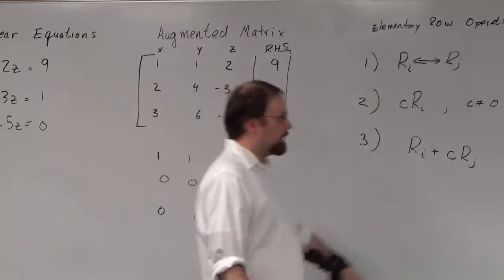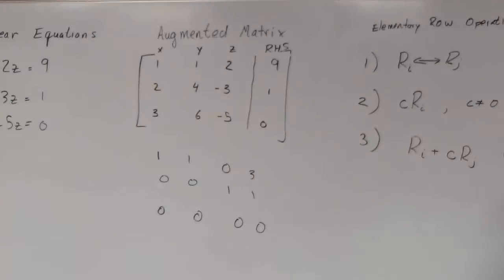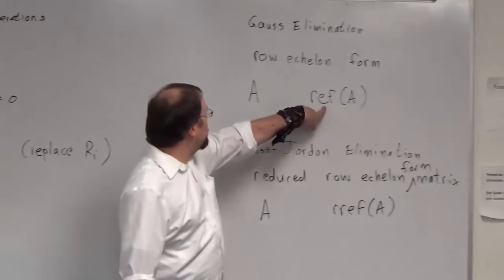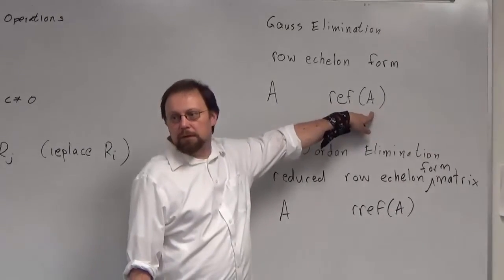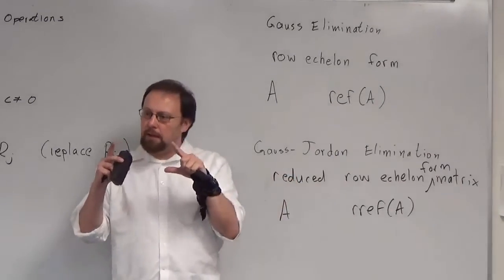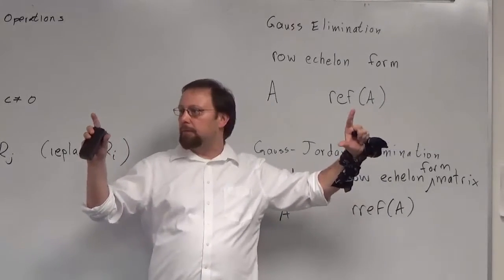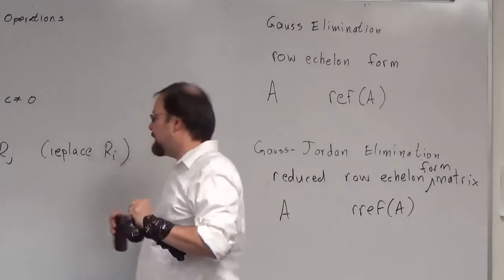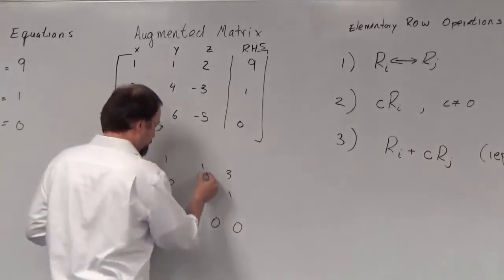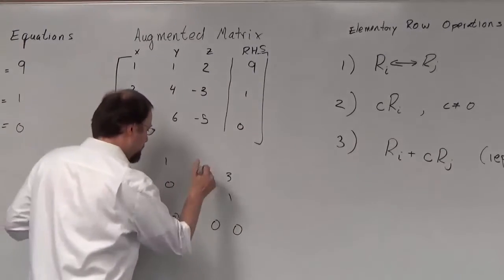Now, given a matrix A, the row echelon form of the matrix is not unique. The same matrix A might have 2 different row echelon form matrices, right? It's not unique because, for example, if I have this, well, that was a 2.